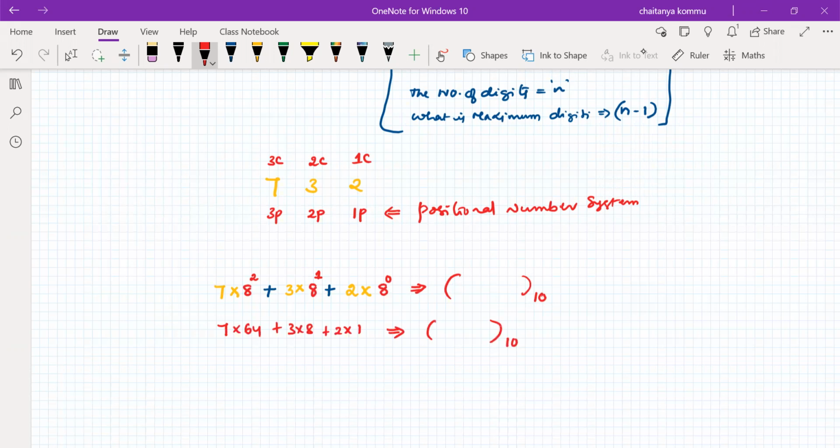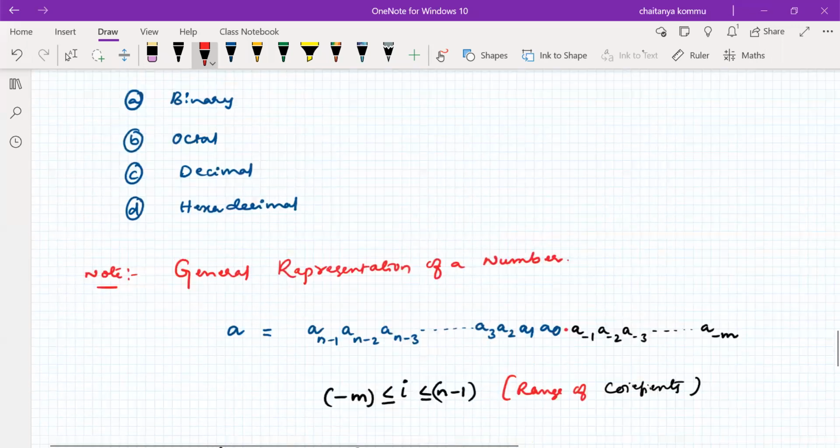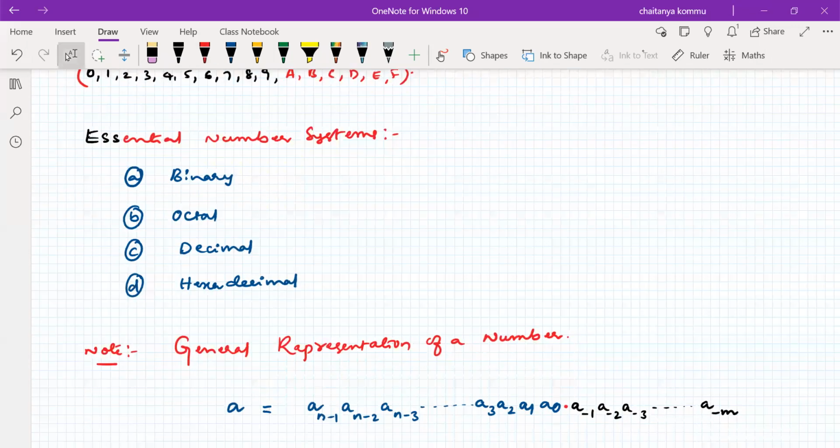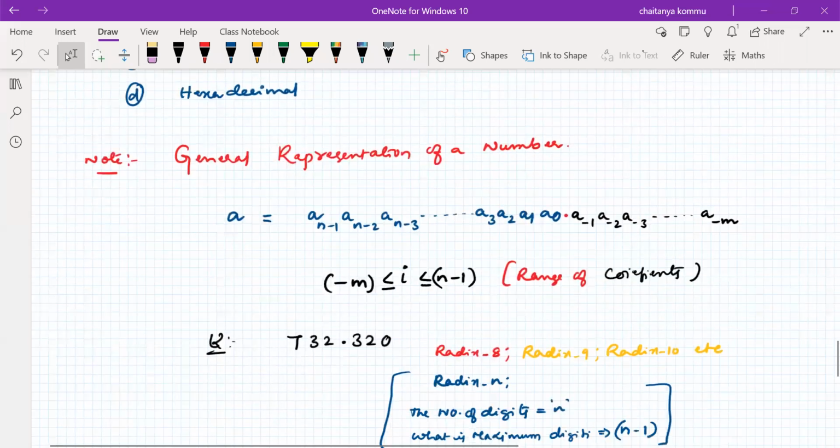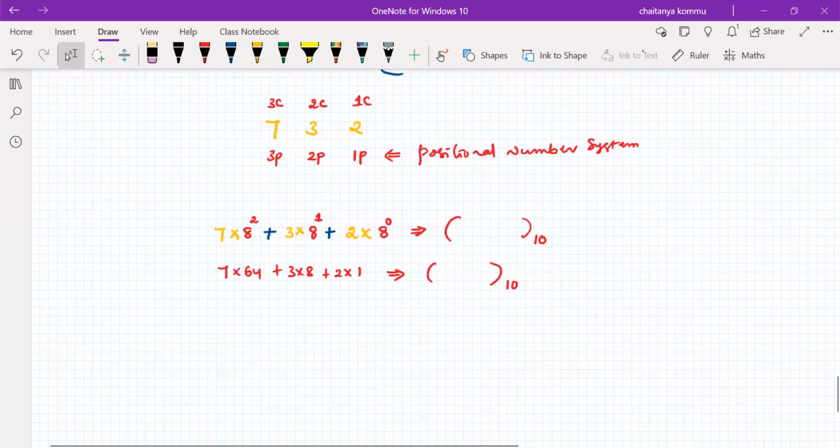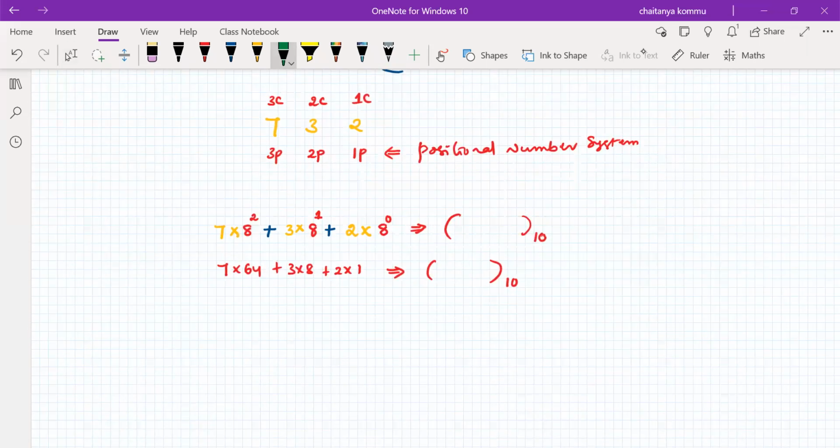Of course, if this point is not that clear right now, we will discuss it later on. But you have to identify what a number is, what a number system is, and what the essential number systems and general representation of a number are. Yes, madam. 474, sir. 474. Okay.